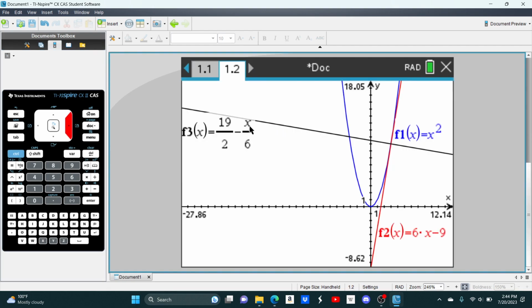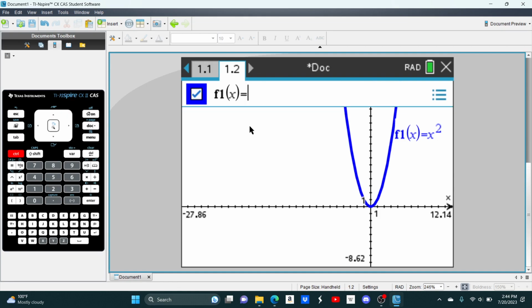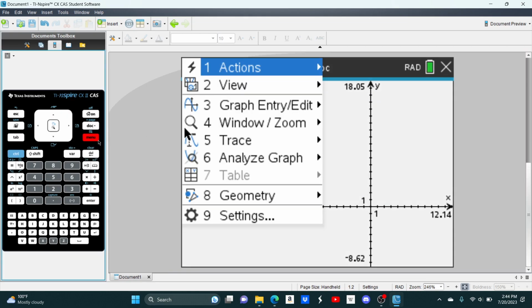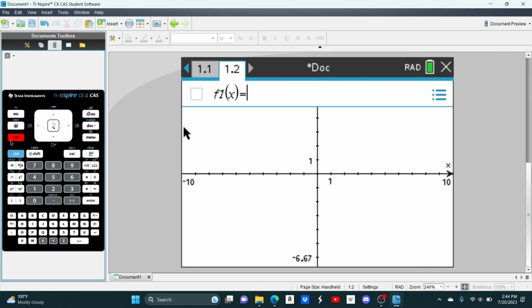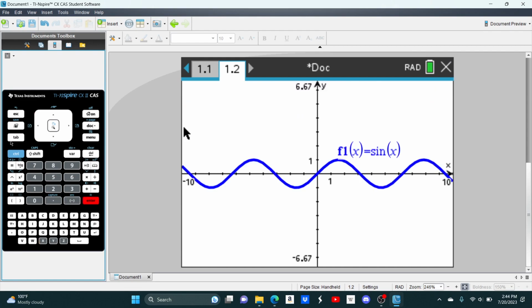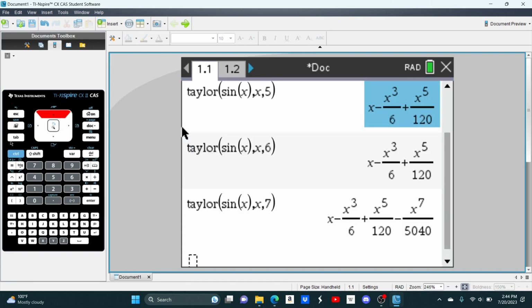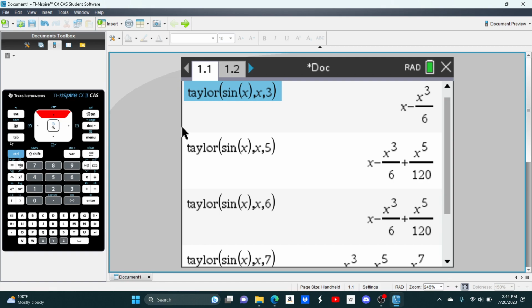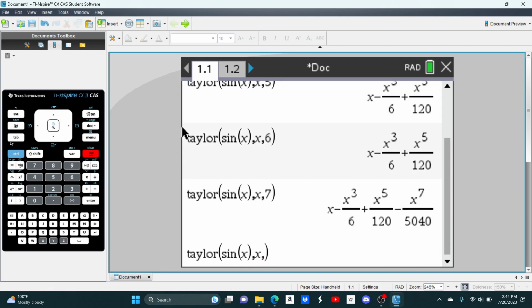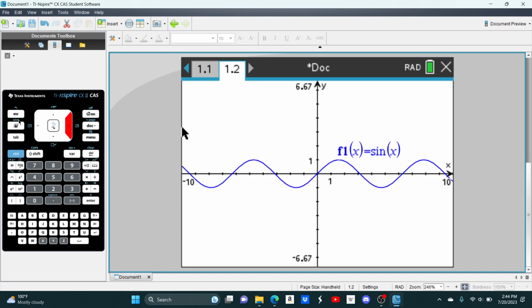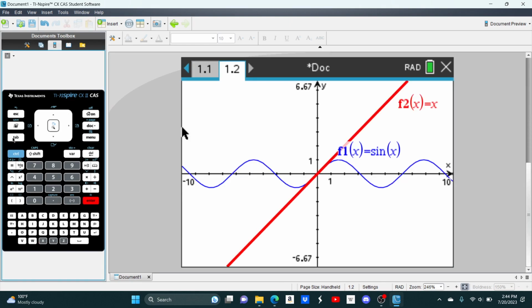So this is actually one I can graph as well. Let me get this back to our standard. This is sine of x. And I'm going to copy this. So you see how, okay, that's the first degree. And then this is the second degree.